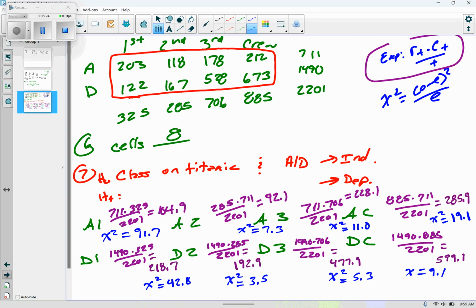With 8 degrees of freedom, let's show how the calculator is going to work with this. So it's time for, guess what? Desmos. Man, we gotta love these people.